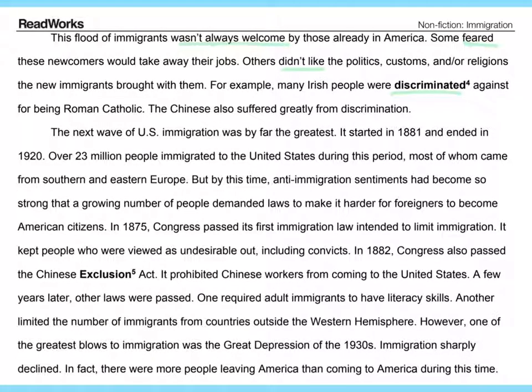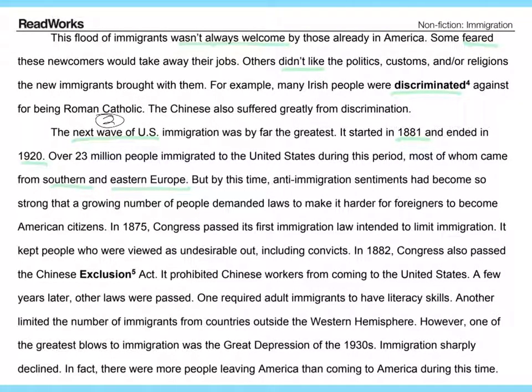Paragraph 5 gets into our next wave, or we can certainly infer it's the second wave. So we have wave number 2. And important information in this section is that it started in 1880 and ended in 1920. Let's see, we have people coming from Southern and Eastern Europe in this.